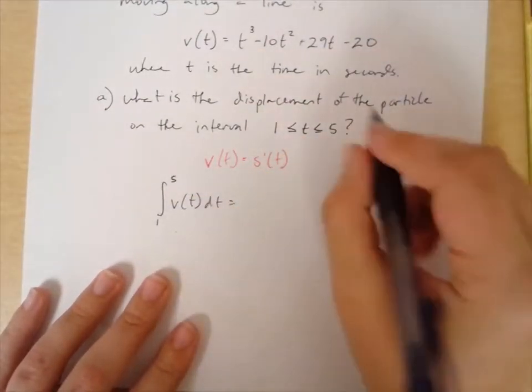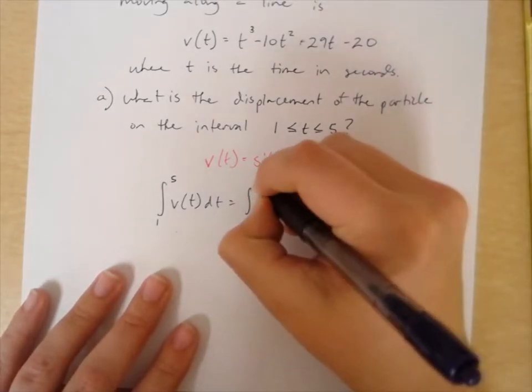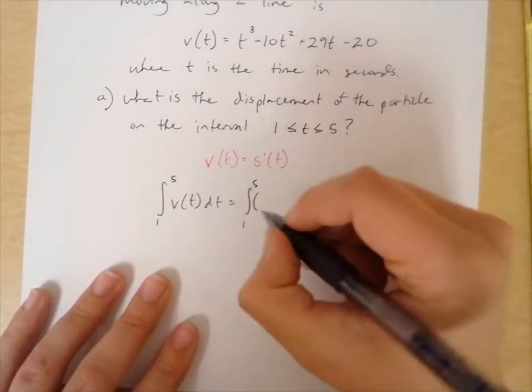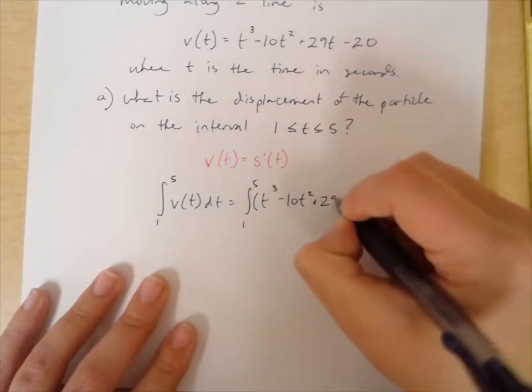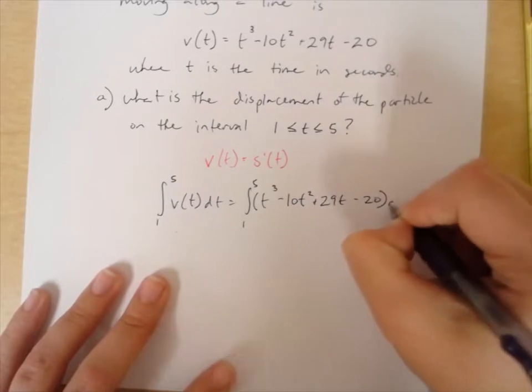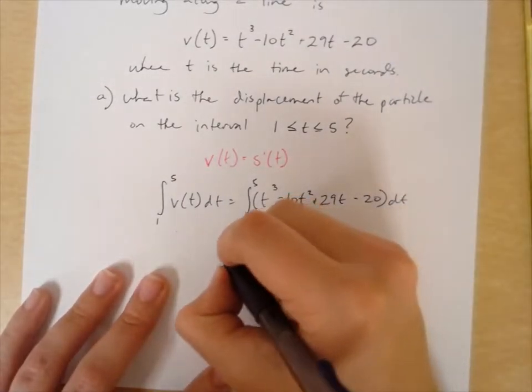And so I can continue to write this out as the integral from 1 to 5 of t cubed minus 10t squared plus 29t minus 20 with respect to t.